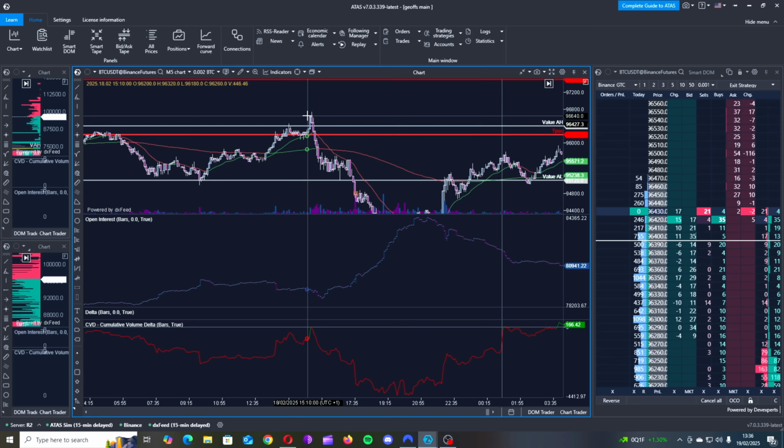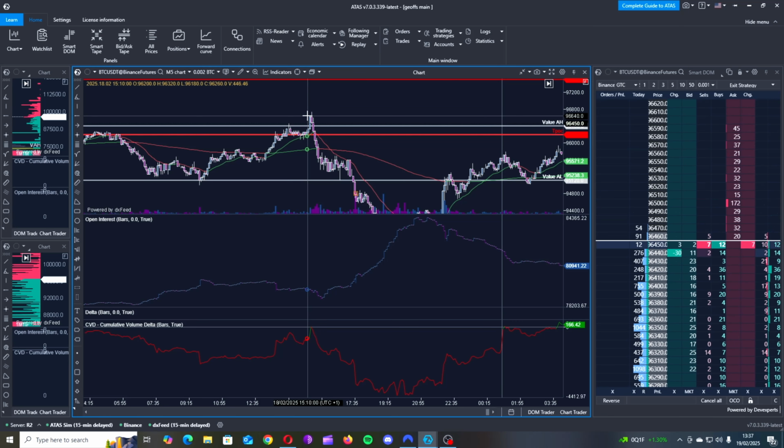Same with the short. If you're short and you get stopped out, it turns into a market buy, and that's what makes price move the way it moves. Okay, so it is a bit technical, but once you get it and you understand it.